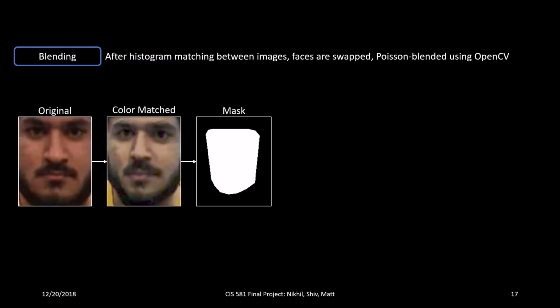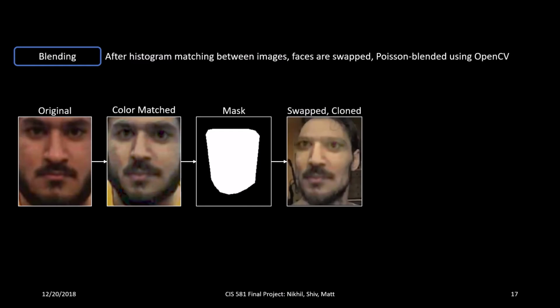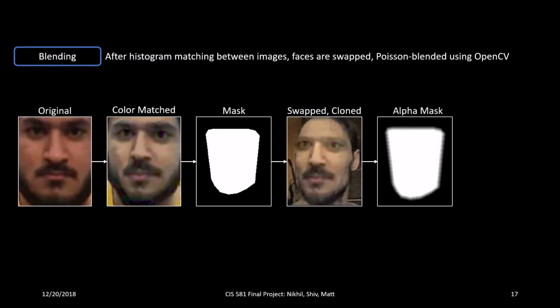Then a mask is created based on the features after the morphing is completed. The two faces are swapped and cloned using OpenCV's seamless cloning function that uses Poisson blending. And because we wanted to make that transition a little more seamless, we did a little bit of alpha blending.